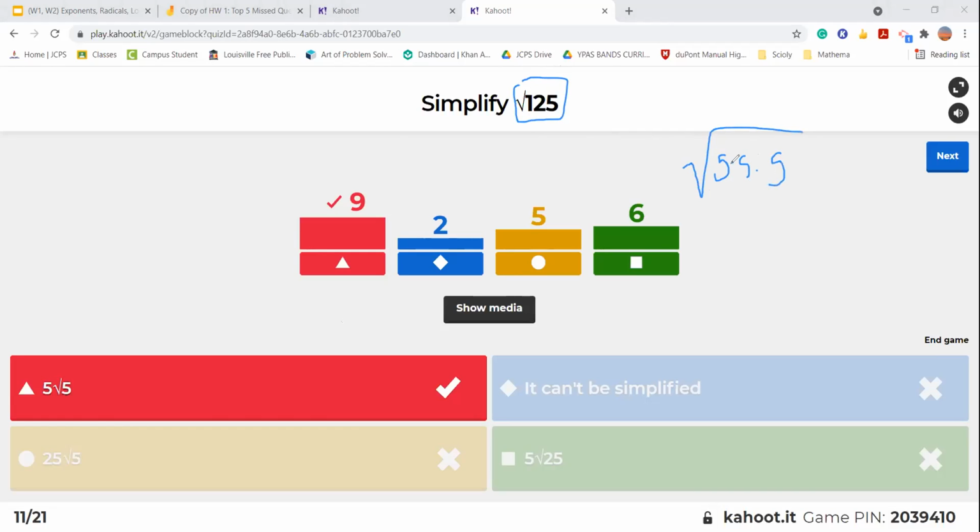Since I have 3 fives, I can take 2 of them out, so it's gonna become 5 radical 5. If I go the other direction and put this back under the radical, I would do 5 times 5, and 5 times 5 times 5 would be 125. So I just took out 2 of the 5s and put them on the outside.